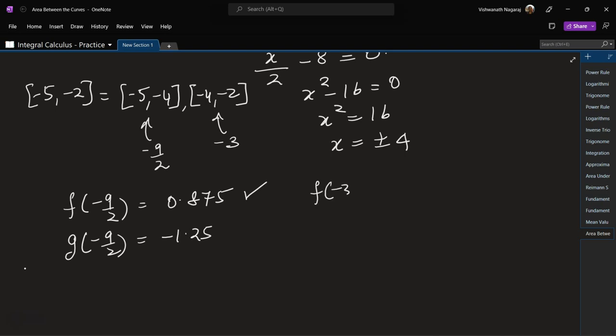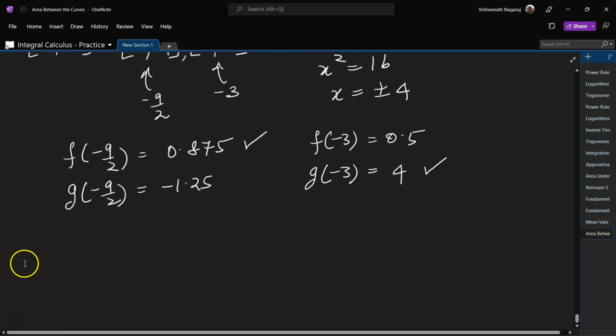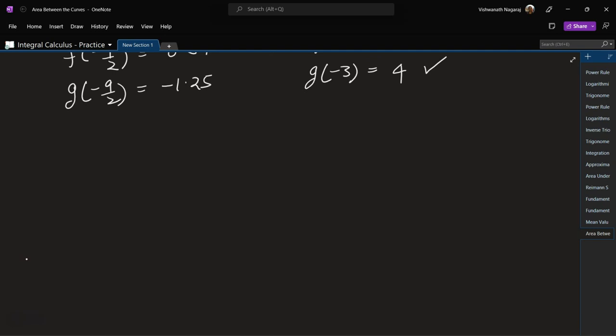Now f of minus 3 is equal to 0.5 and g of minus 3 is equal to 4. So which means that this is higher. Now once we know that, then it becomes easy.